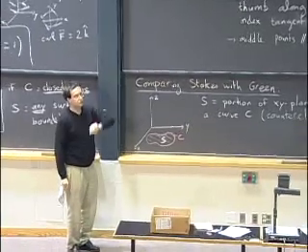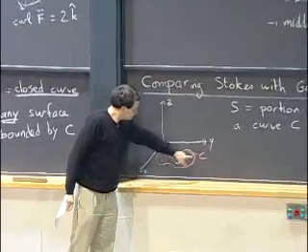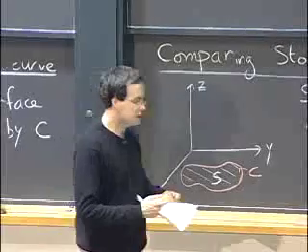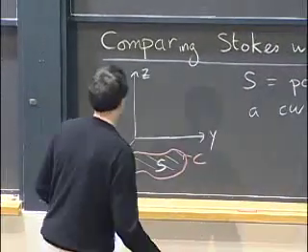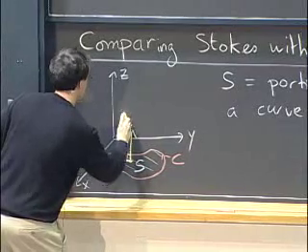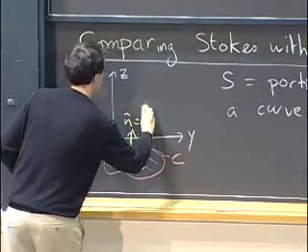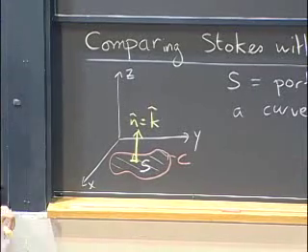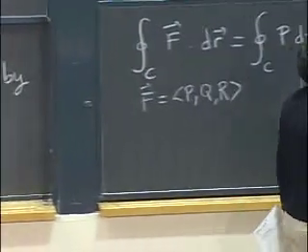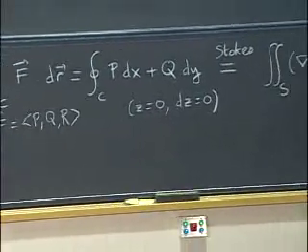Well, if you've followed what we've done there, you know that the normal vector compatible with this choice for the curve C is the one that points up. Okay, so my normal vector is just going to be k hat.